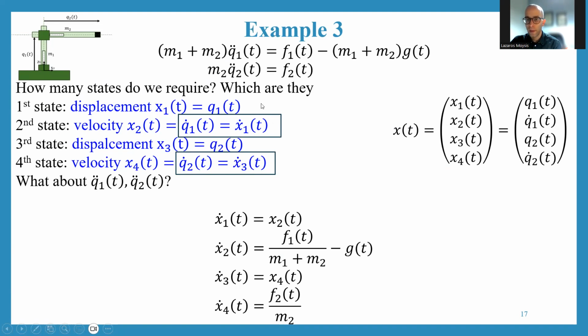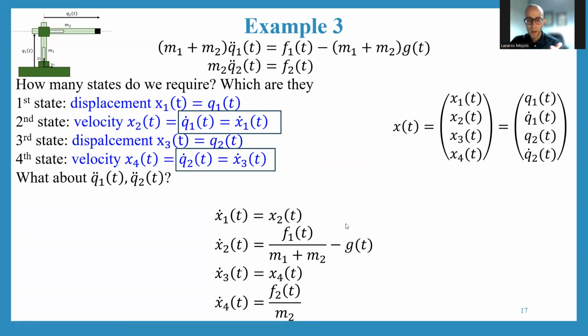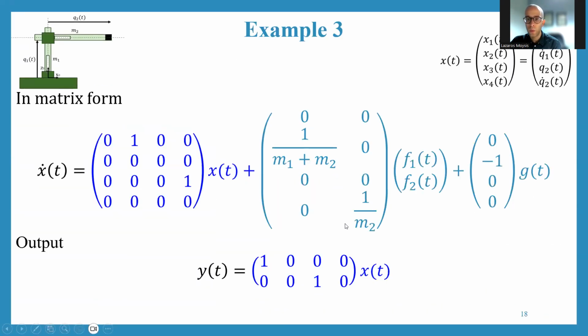So if I replace everything and write them down this way, I have four differential equations of first order. This is the state space: Q1, Q1 dot, Q2, Q2 dot. And I can simply write them in matrix form, which gives me a great formulation: A, B matrices, and this is an additional term. You can consider it, for example, as additional noise or disturbance in the system, which is very common in state space description.